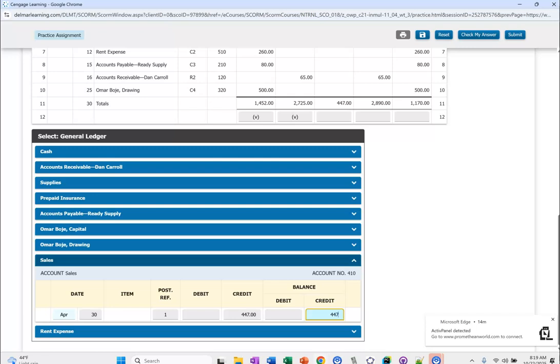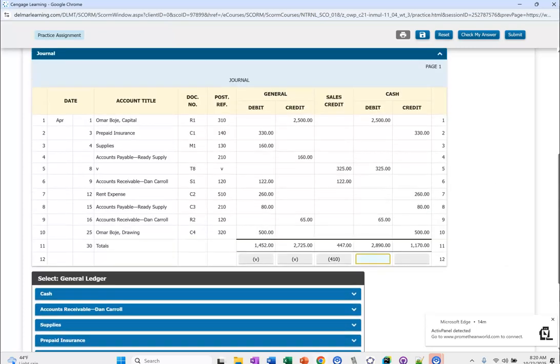Then my last piece is I need to give a reference on that sales credit column. What reference am I going to give that? 410. How do I have to write it though? Parentheses 410. Everybody good with how I got to 410?